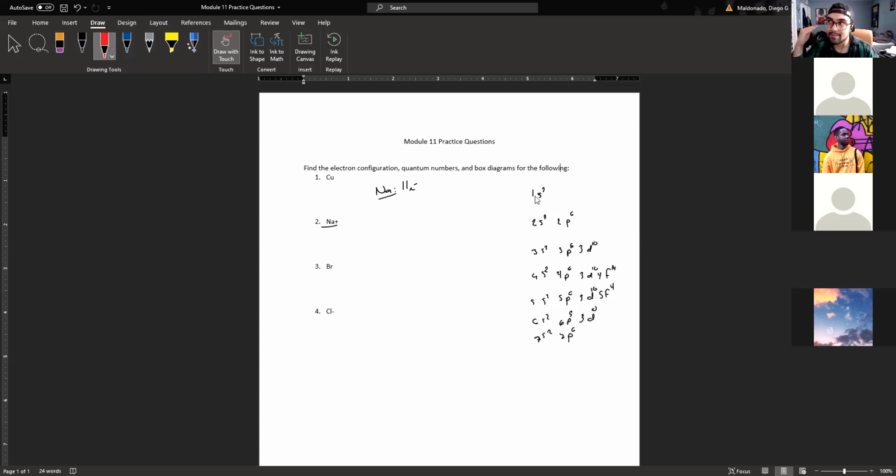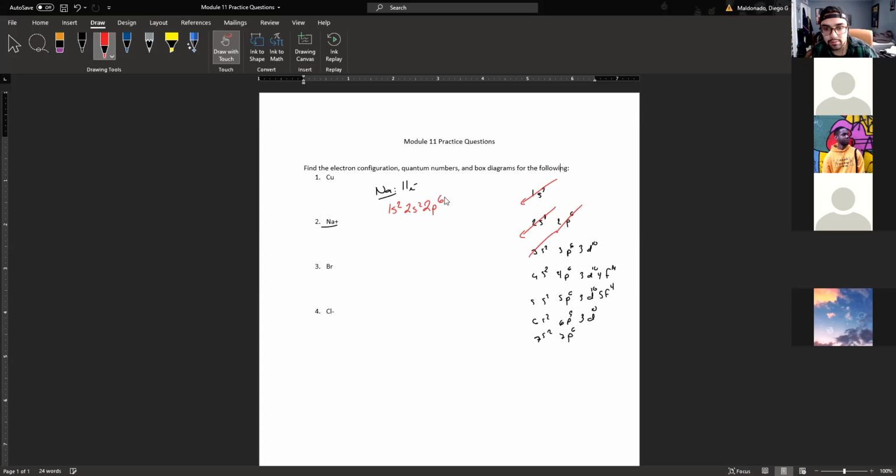You go from top right to bottom left. That's how the trends go. So that's 1s2. How many electrons do I have accounted for already? 2. 2s2. How many is that already? 4. 2p6. How many is that already? 10.